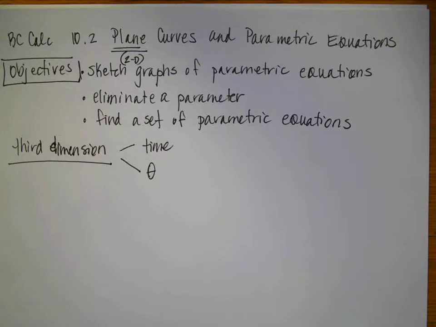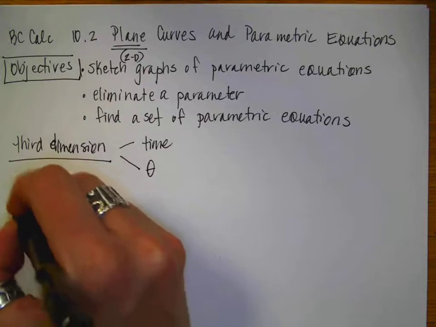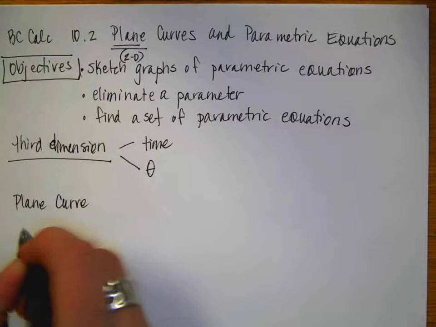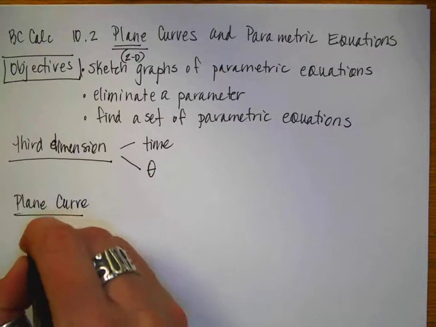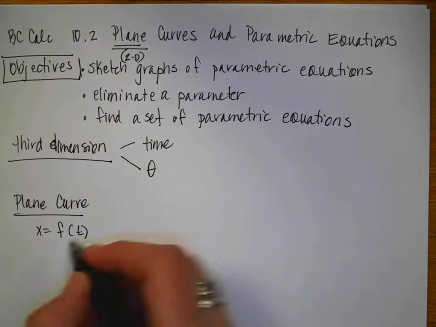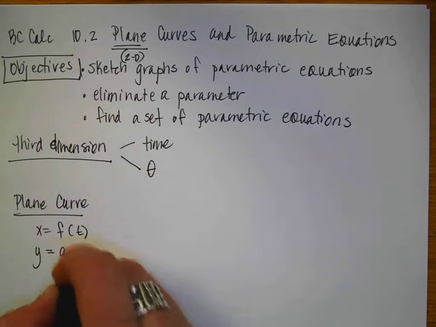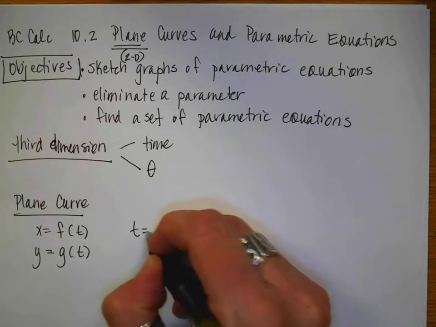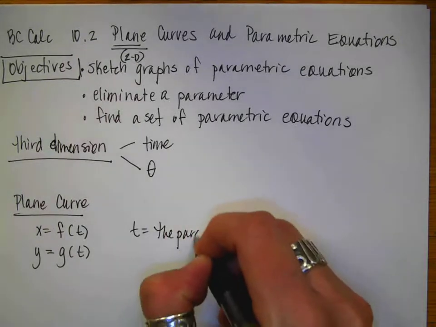Okay. Alrighty. So let's say I have a set of equations that define a plane curve. So let's say I have x is some function with respect to time, and y is a different function with respect to time. T is called the parameter.